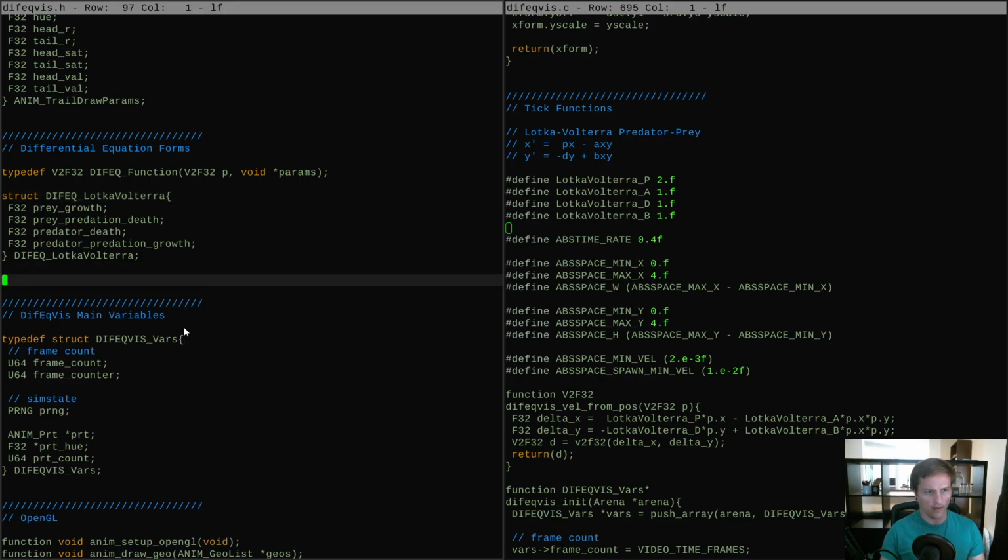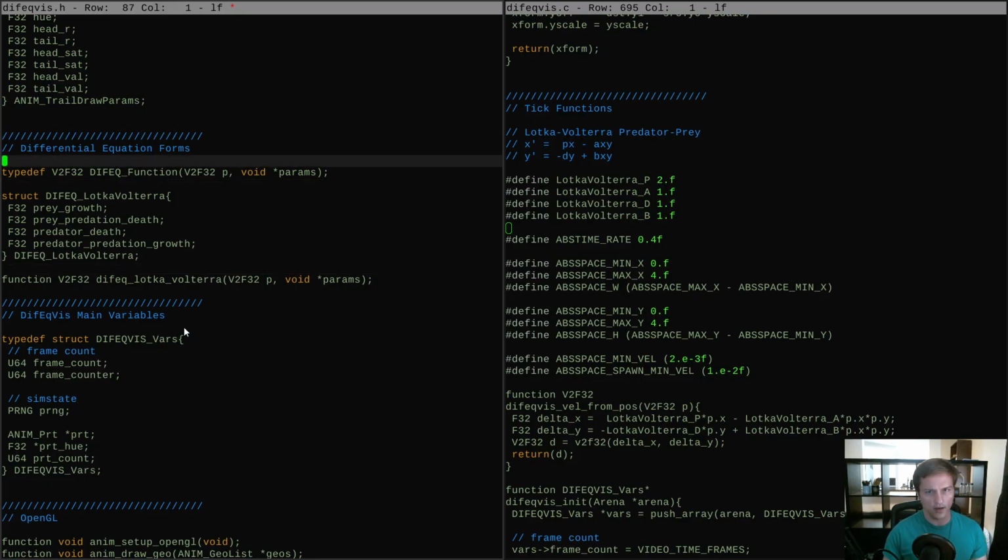And so then we can have a function v2 f32 diffeq Lotka-Volterra, with v2 f32 p and params, right?